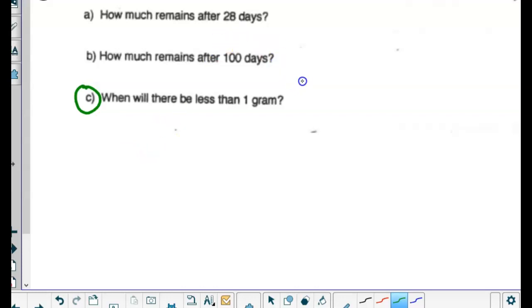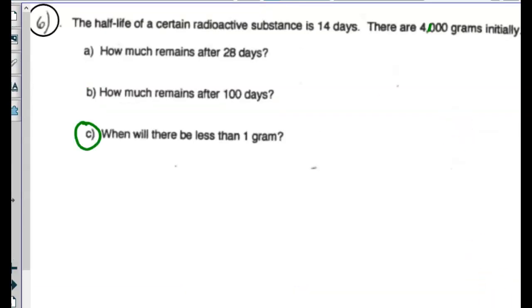What is N sub 0? N sub 0 is the initial amount. What's R? This is a half-life again, right?